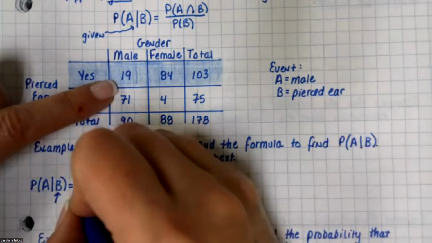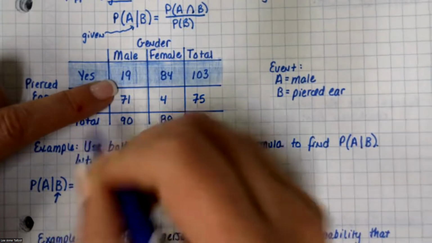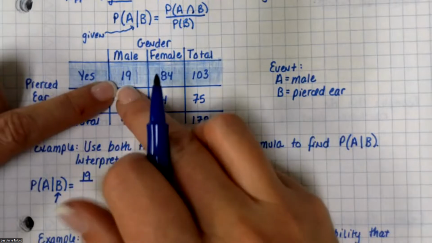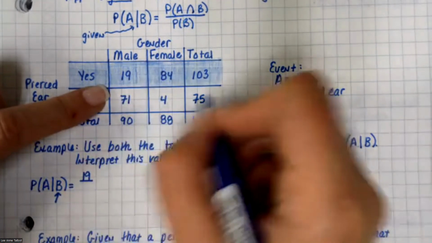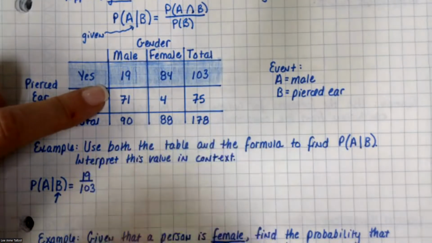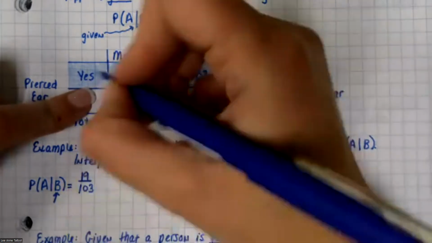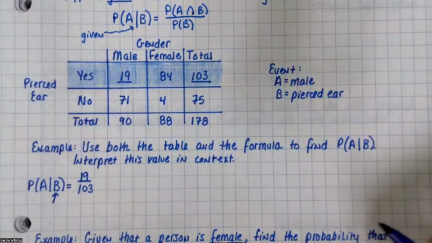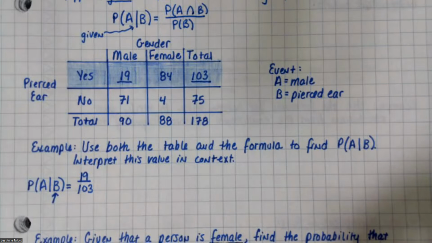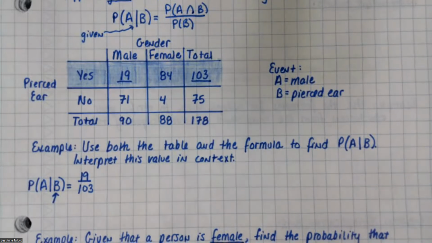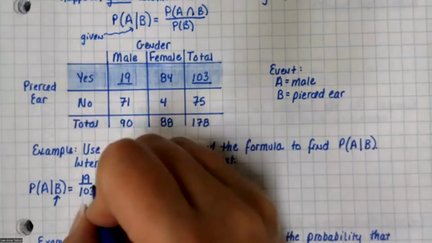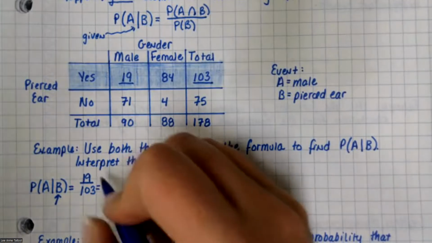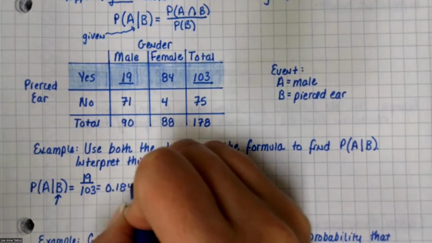So 19 students have both male and pierced ear over total pierced ear. This over this. And we did this in chapter 1 when we made what's called a conditional relative frequency table, and we're going to do that again in a minute. So this is 0.184.